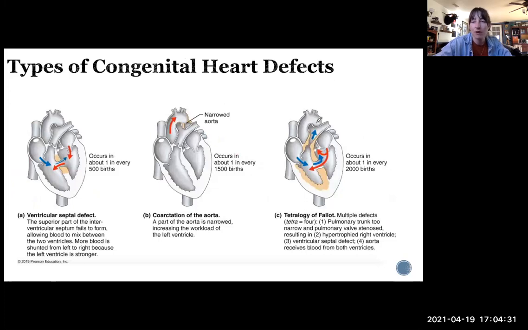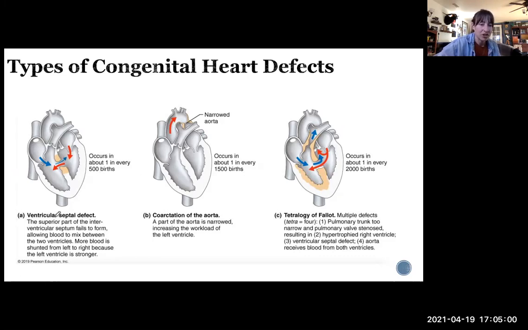All right, and some common congenital heart defects to know. A ventricular septal defect. So a septal defect is going to involve the septum or the wall in between either the atria or the ventricles. The interventricular septum, of course, is the wall in between the ventricles, but you do have an interatrial septum, which we don't talk about as much, but you can have an atrial septal defect.